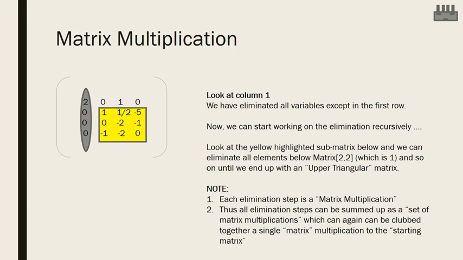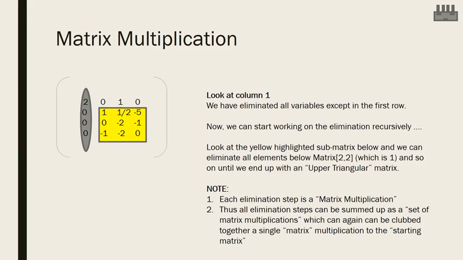Now, if you look at it, the problem can be repeated on a submatrix. You just take the submatrix which is highlighted in yellow and you can do the same kind of elimination operations, which means that I can start multiplying this matrix with another matrix so that I can eliminate, and finally I can create a system of matrix multiplications which when performed will change the input matrix into an upper triangular matrix, which is the triangular system of equations that I was talking about.